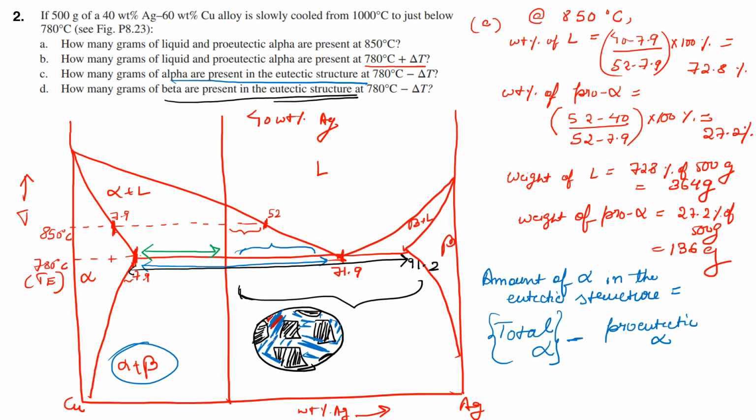Beta I'm representing in blue, alpha in red. So this is alpha in alpha plus beta. This is beta in alpha plus beta. And the black one is the proeutectic beta, sorry, proeutectic alpha.